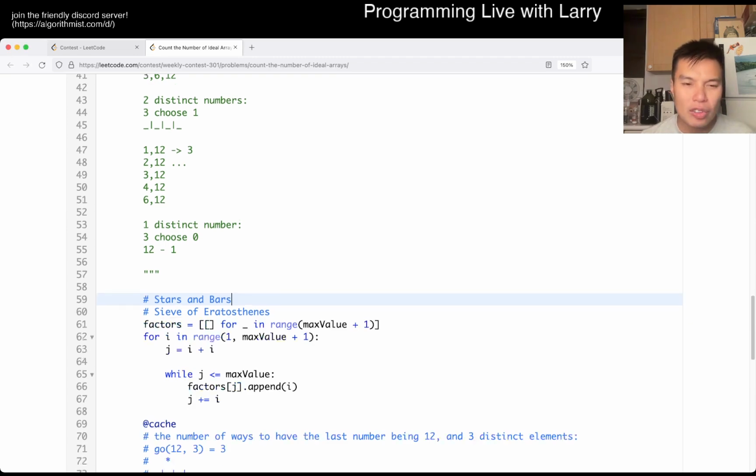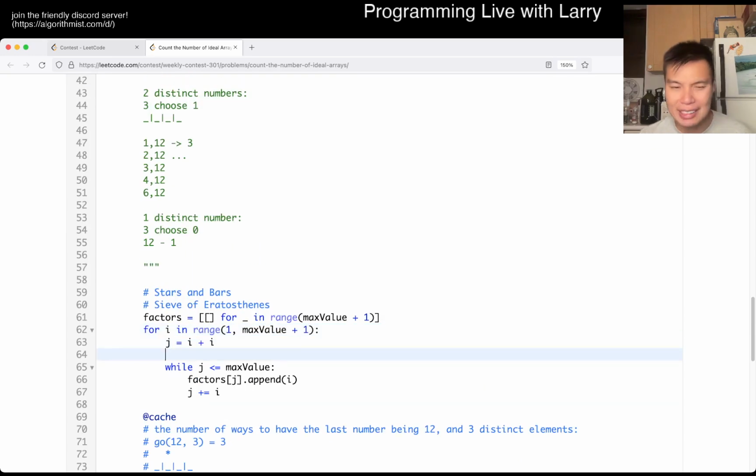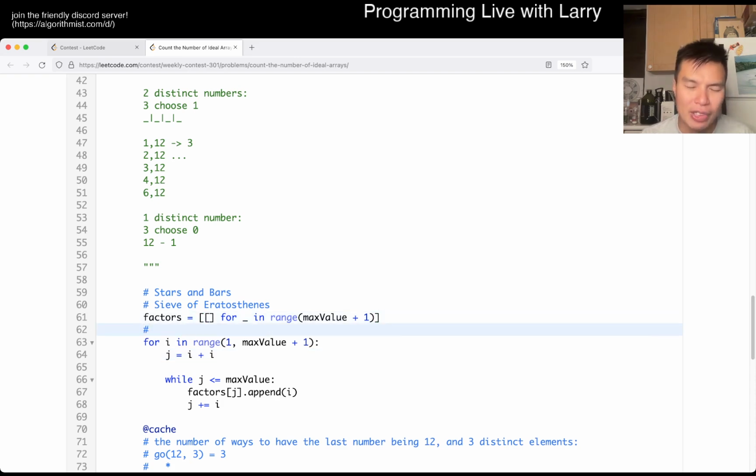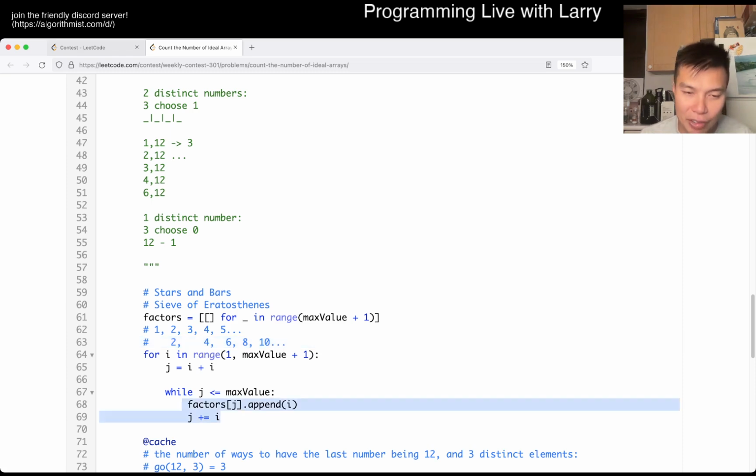So then now, we use this to do factors, and the idea behind this, very quickly, is that for each number we go, okay, let's look at it. For number 1, we set it as the factor of 1, 2, 3, 4, 5, and so on. For number 2, we set it as the factor of 4, 6, 8, 10, and so forth. That's basically how it works, and that's how it updates.